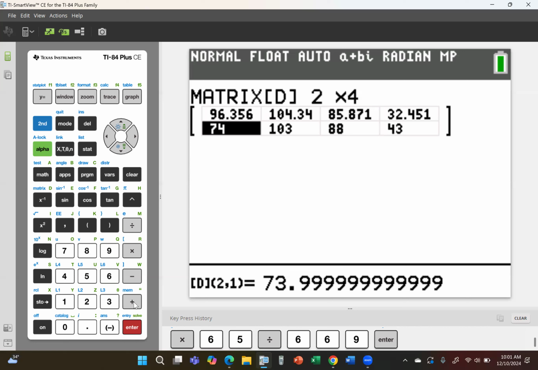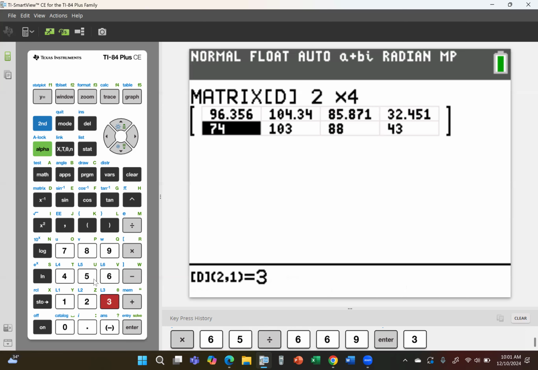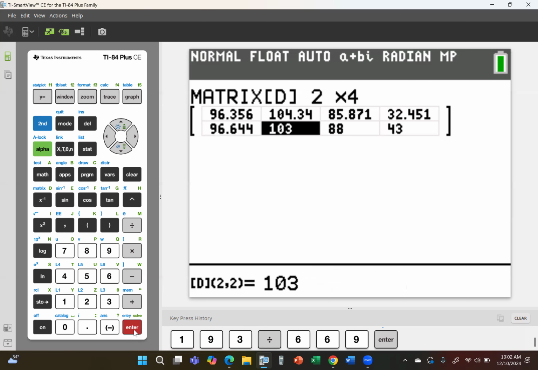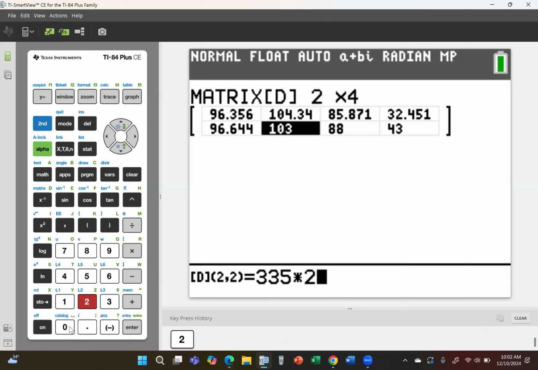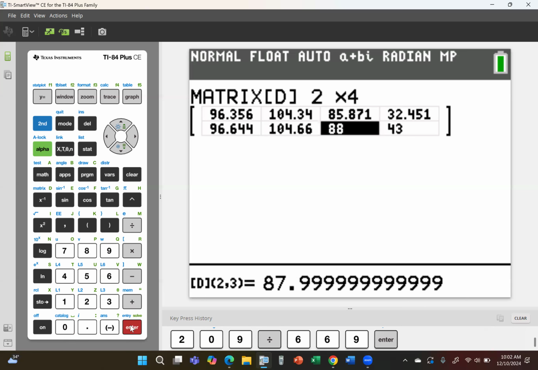All right, so in the second row, we have a row total of 335 times a column total of 193 divided by a total of 669. And I got 96.644. The next column, second row, second column, I have a row total of 335 times a column total of 209 divided by 669. I get 104.66. That is correct.